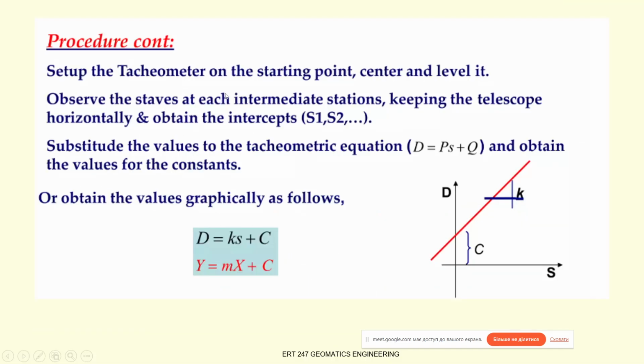Then we set up the tachyometer on the starting point, center, and level it. Observe the staves at each intermediate station, keeping the telescope horizontal, and obtain the intercepts S1, S2, etc. Then we substitute the values into the tachyometric equation and obtain the values for the constant, or obtain the values graphically as follows.